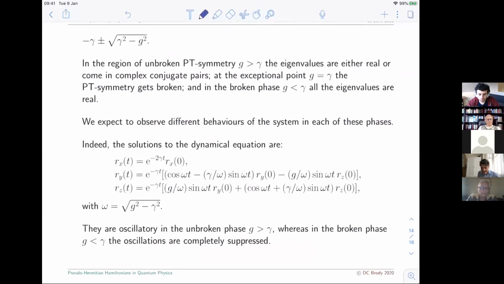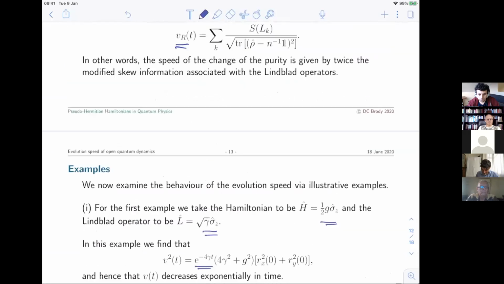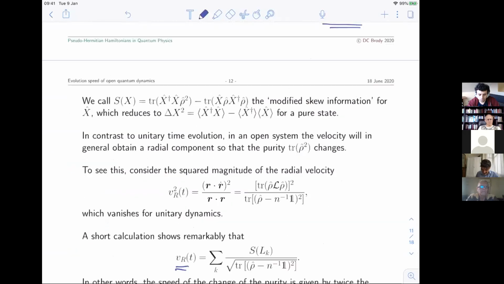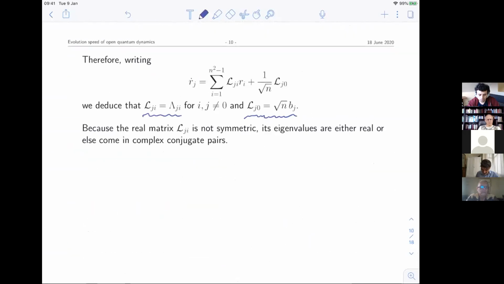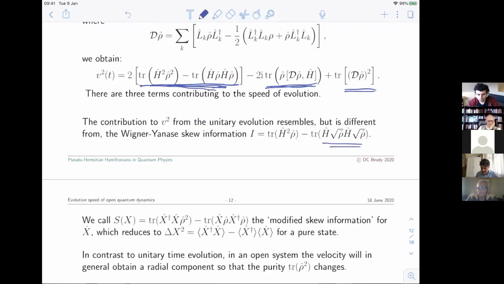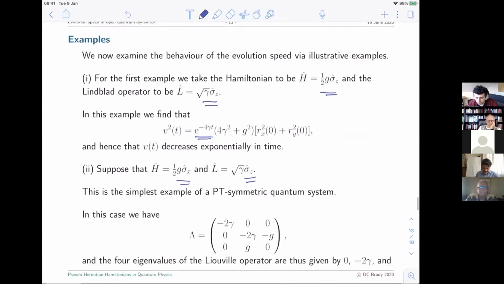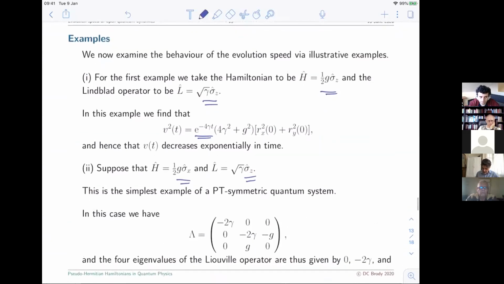Now that may seem slightly counterintuitive, so I have to backtrack slightly. Let me find the Liouville equation. Here it is. We have this equation, and you can, if you like, put a complex number i on the right-hand side to make it look more like Schrodinger's equation, but we don't.